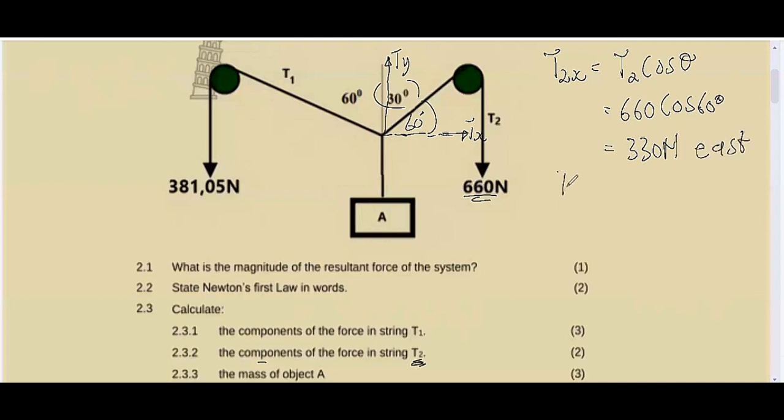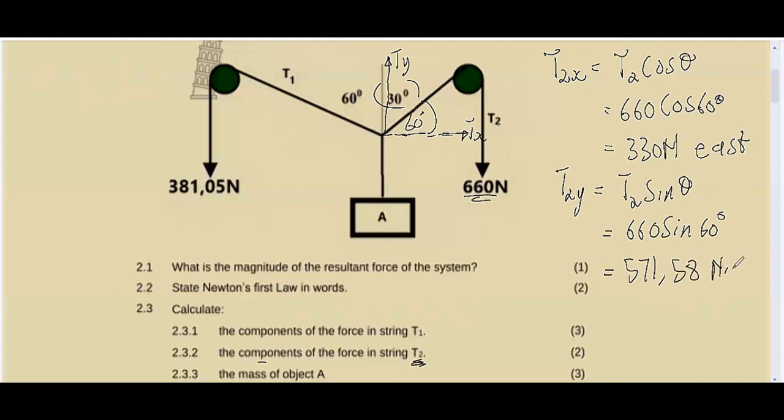And then to calculate the vertical component, that's T2 sine theta. So we have 660 sine 60 degrees. Then punching that in your calculator, you have 571.58. Then it's going up there.